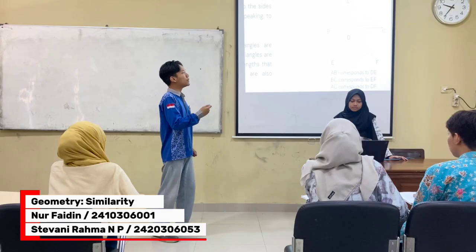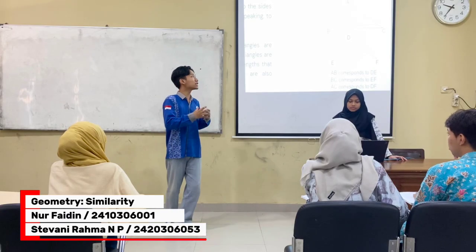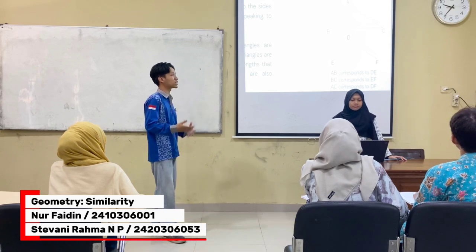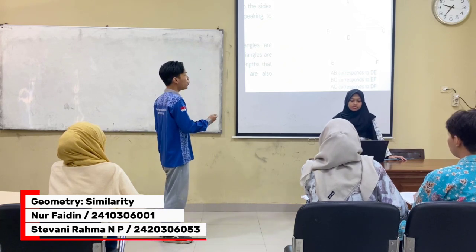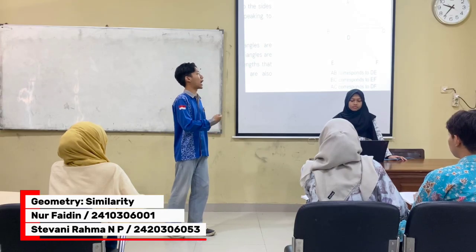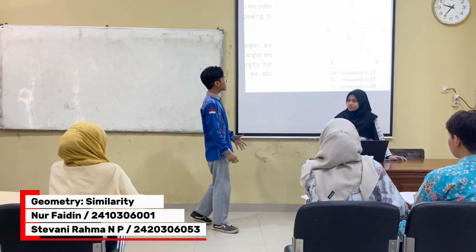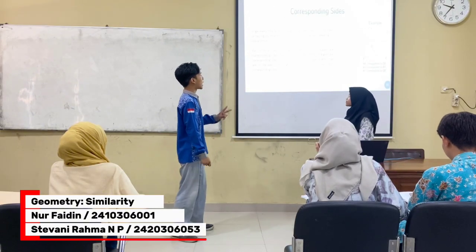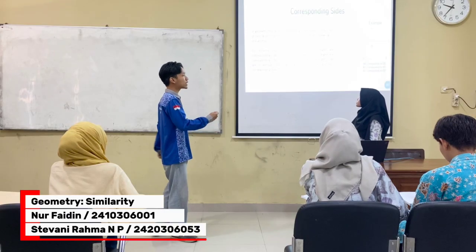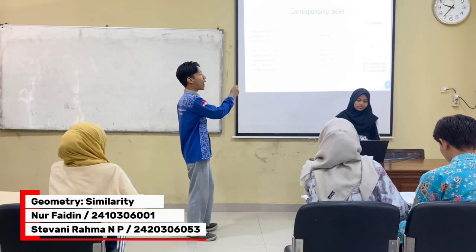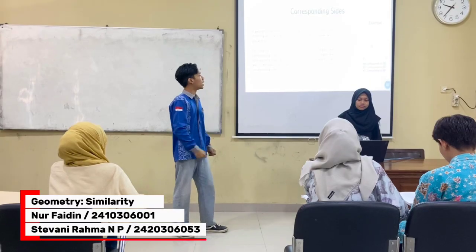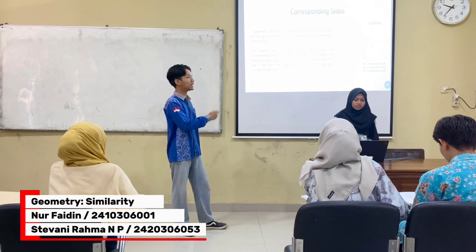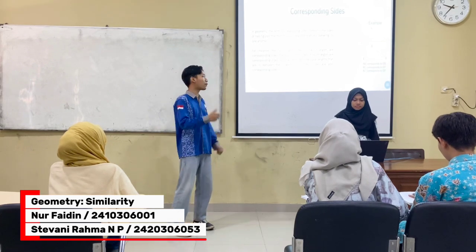And triangle ABC has shortest side AB, and triangle DEF has shortest side DE. So AB corresponds to DE. The side with length between the longest and shortest in triangle 1 is BC, and in triangle 2 is EF. So BC corresponds to EF, right?